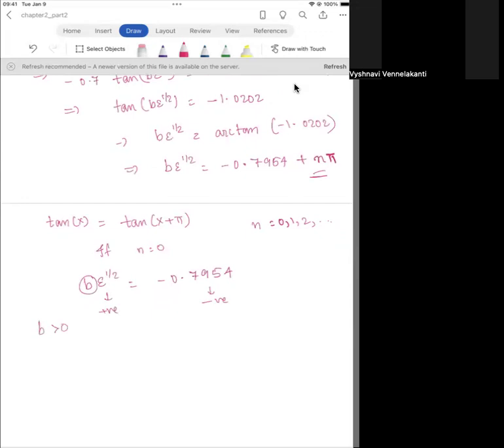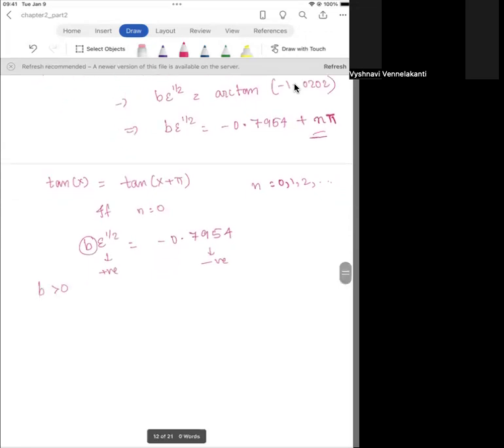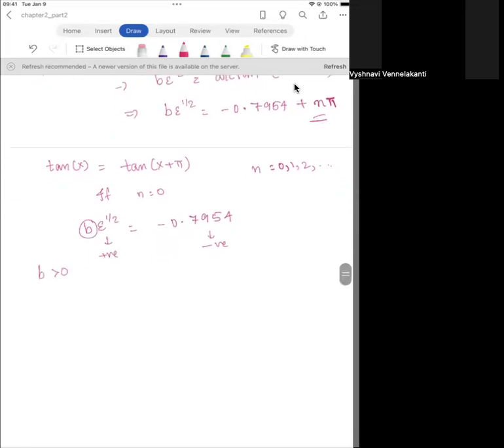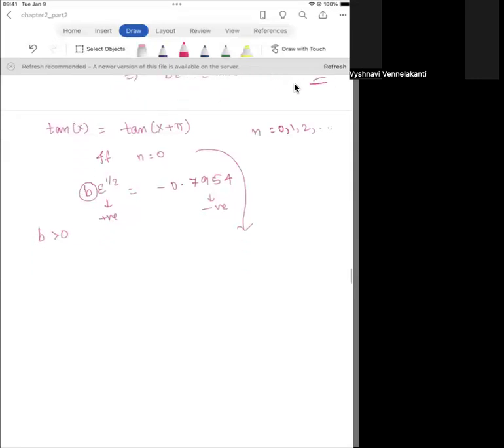We know from the definition of b that it is positive, it cannot be equal to or less than 0, right? So having n equals 0 results in a contradiction. It doesn't give a meaningful solution. So n cannot be 0 here.